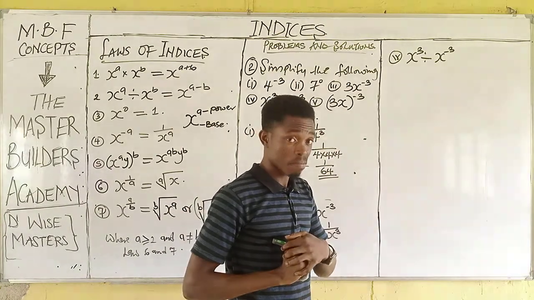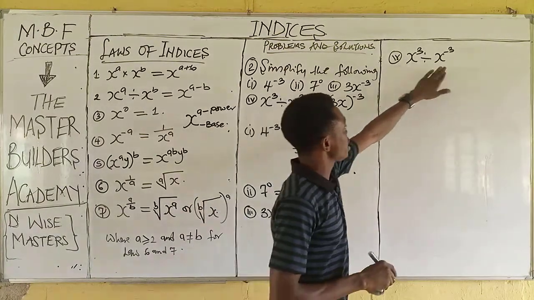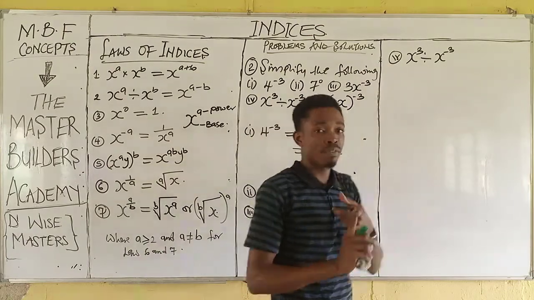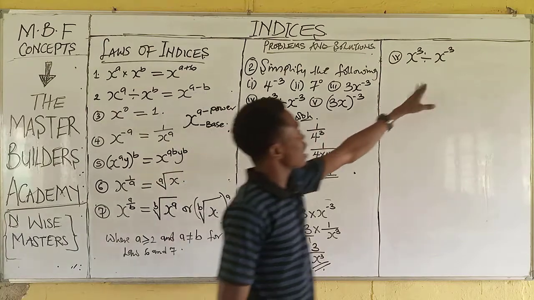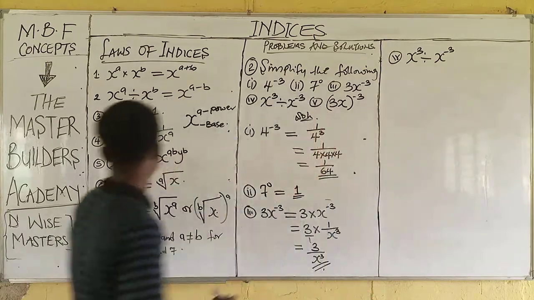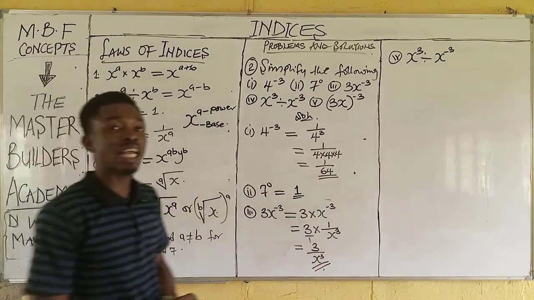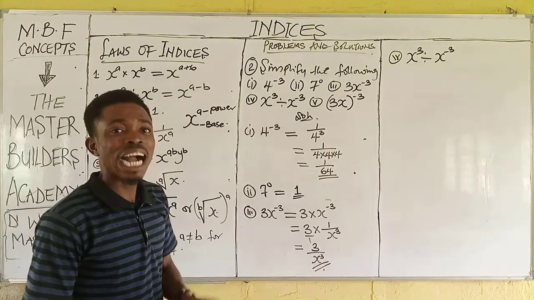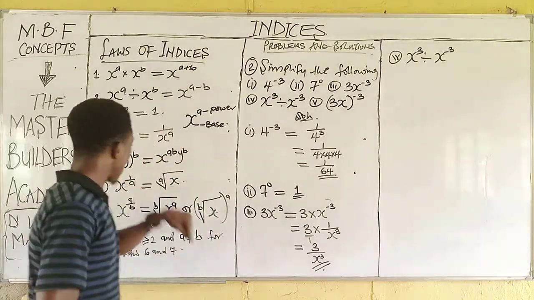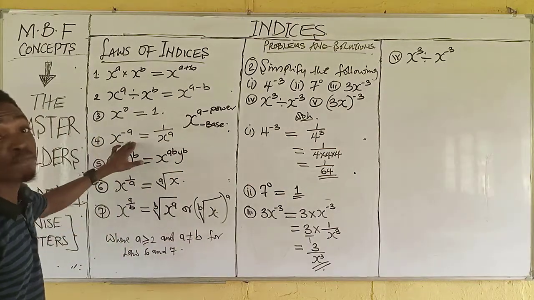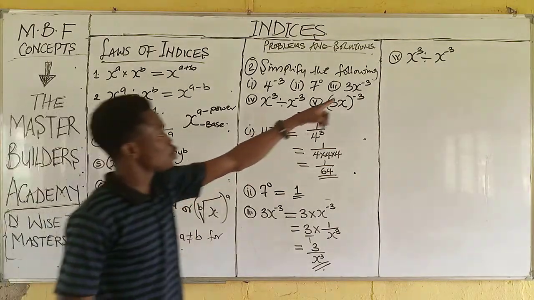Is that so? Between these are 2 bases that are connected with division. First law, second law obeys. Then the last base has a negative power. Fourth law obeys. Which one should I go for? According to the laws, division came before the law of negative power. Is that correct? So we are going to start with division.